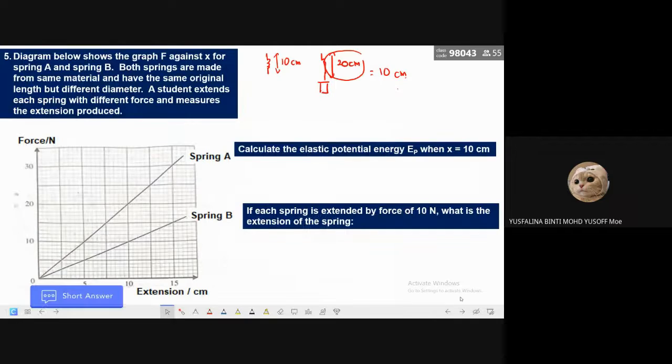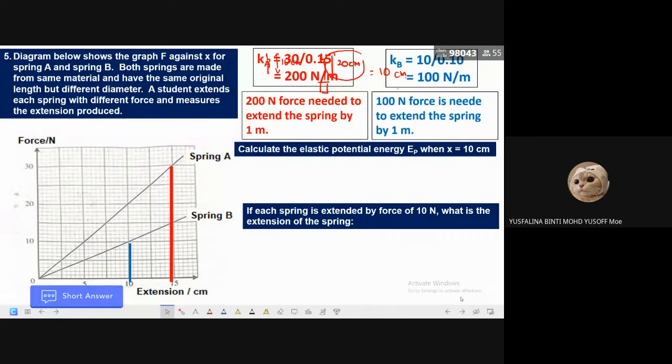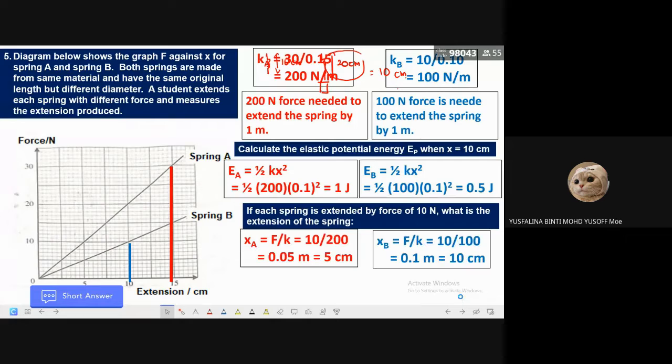Okay, so let's check the answer. Calculate the elastic potential energy EP when X is equal to 10 cm. So when your X is equal to 10 cm, your force is 10 Newton, right?